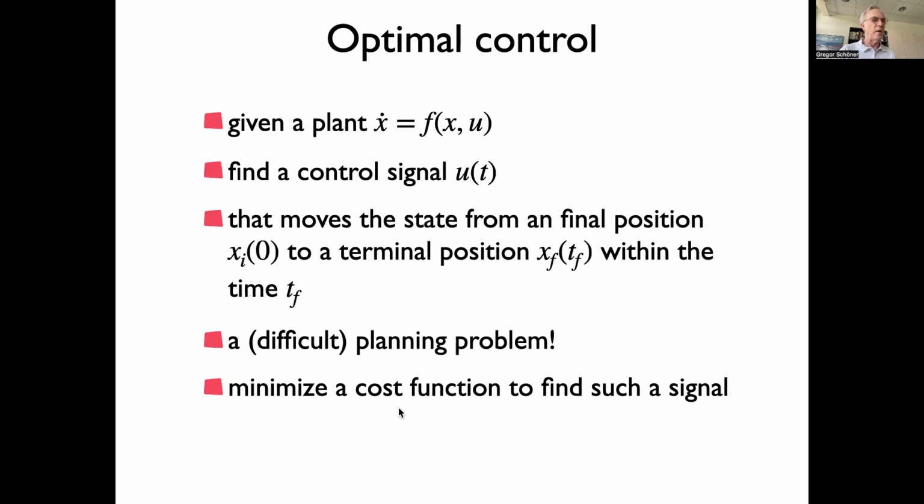And the good way would be defined by some cost function, something that, for instance, minimizes accelerations, or minimizes the energy used, or minimizes the momentum change, for instance, if you do that in the space arm. And optimal control is a well-defined mathematical field that does that.